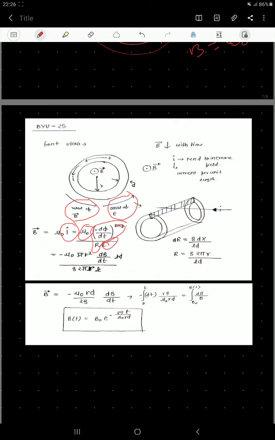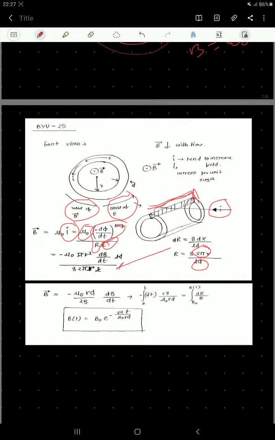Now d phi by dt, since the current is passing normal to a rectangular surface, I can write the area of the rectangular surface as: the thickness is d and the length is 2 pi r, so 2 pi r d, or L d, would be the area, and the integration of dx would be 2 pi r.